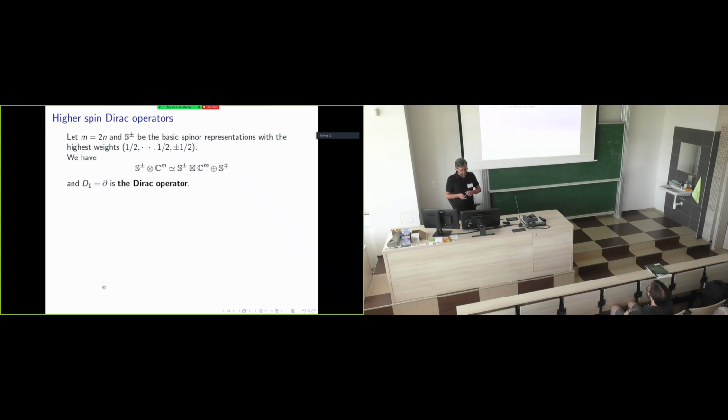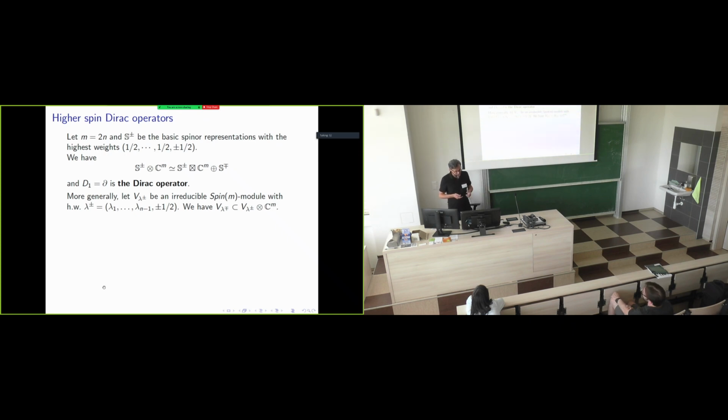The tensor product of a basic spinor representation with the defining representation has two pieces: the Cartan product and the other basic spinor representation, and the Stein-Weiss gradient corresponding to this second piece is nothing else than the Dirac operator.